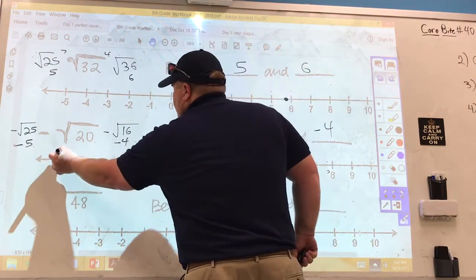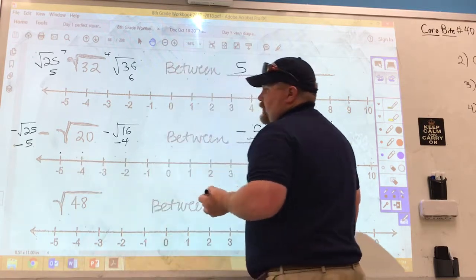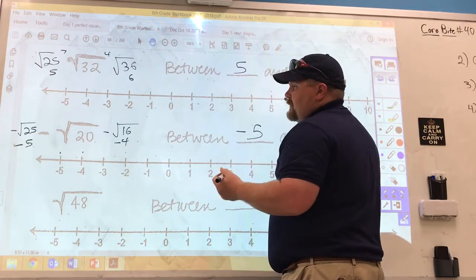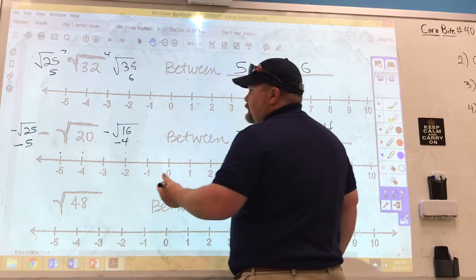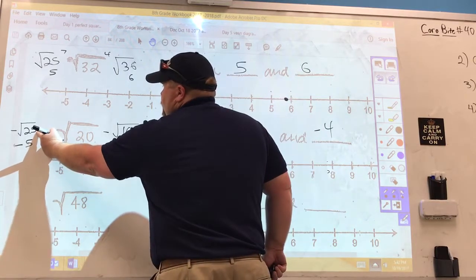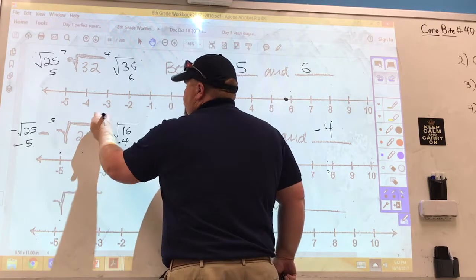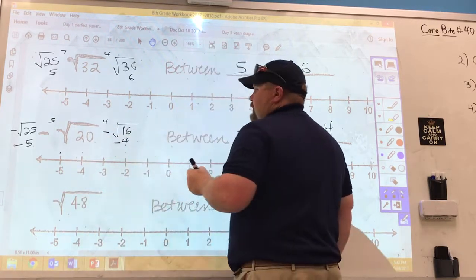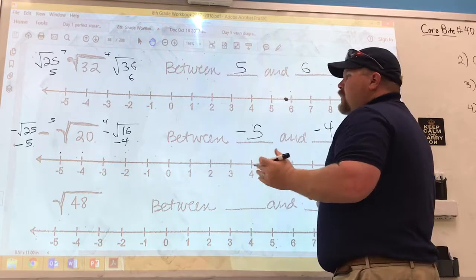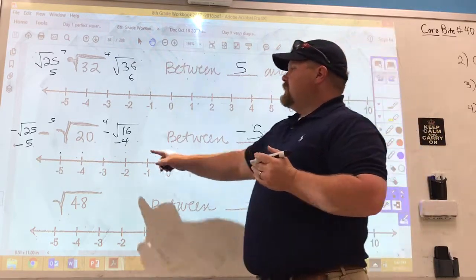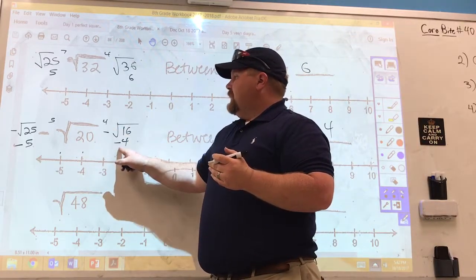So I know my final answer is going to fall in between these two numbers, but where at? How close to negative 5 or to negative 4? Well, negative 25 is 5 digits away from 20, and 20 is 4 digits away from 16. So I'm almost dead even, but just barely closer to negative 4.